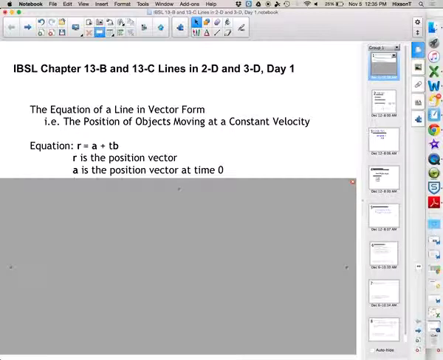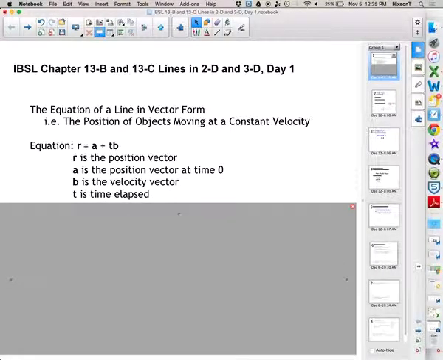A is our starting position vector in relation to the origin. And then T represents time. B is our velocity vector.